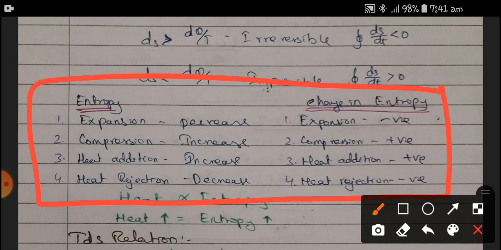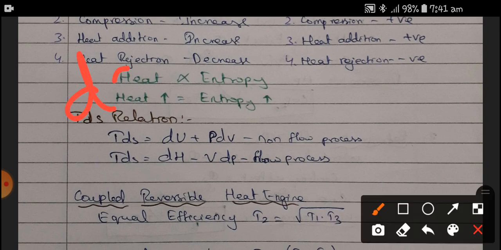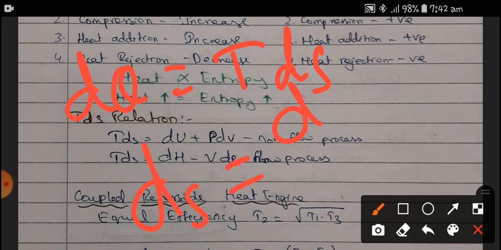Next, the TdS relation. TdS is nothing but dq. dq is equal to TdS. This is the relation found from the equation ds is equal to dq by T, which is for a reversible process.